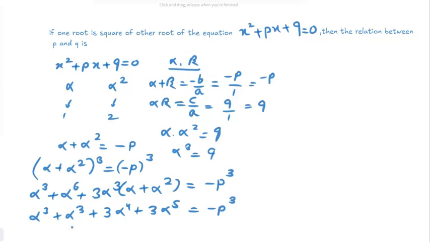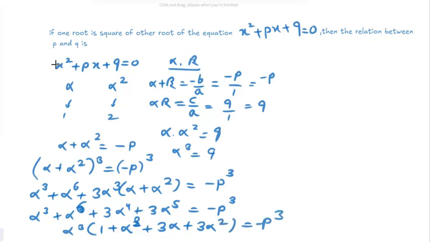Here it is alpha 6, so we can take alpha cube as common from all of these. This will be alpha cube times 1 plus alpha cube, plus 3 alpha cube times alpha plus alpha square, which equals minus p cube.